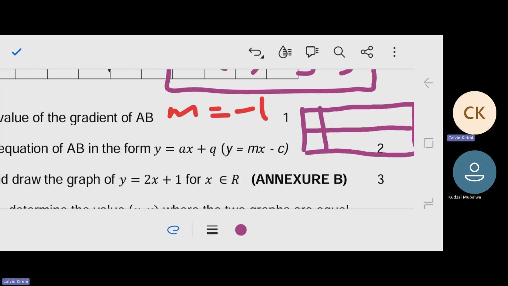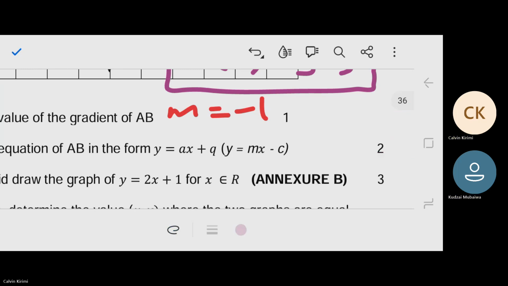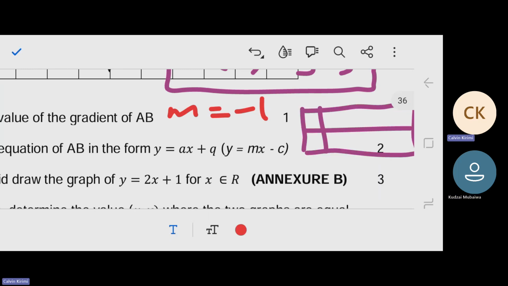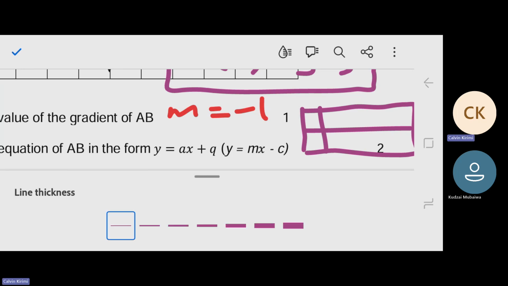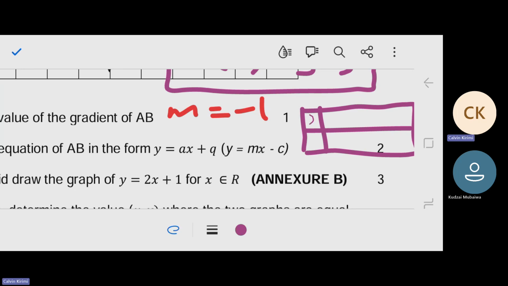So you are putting your values for x. When x is 0, this is your x, this is your y. So if x is 0, the value of y is 1.